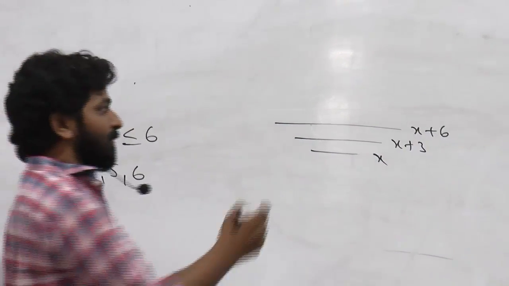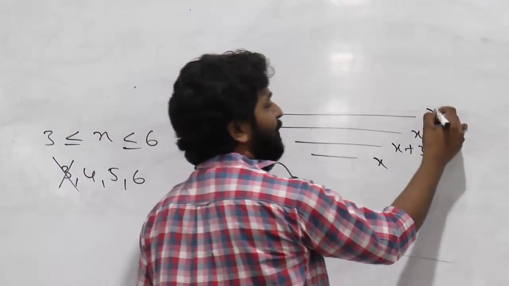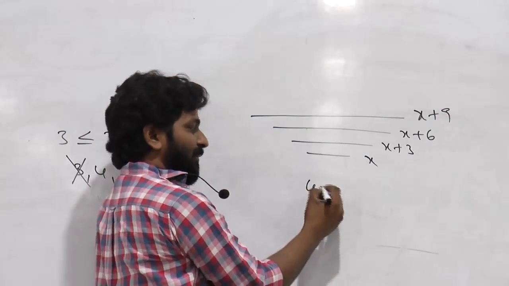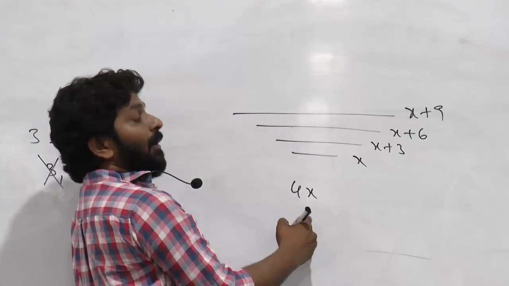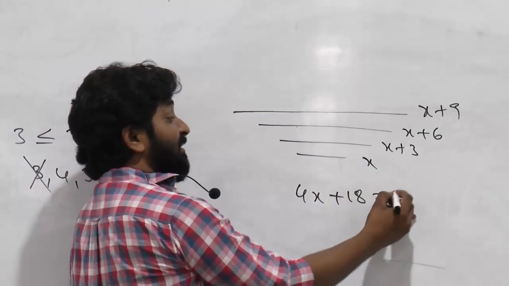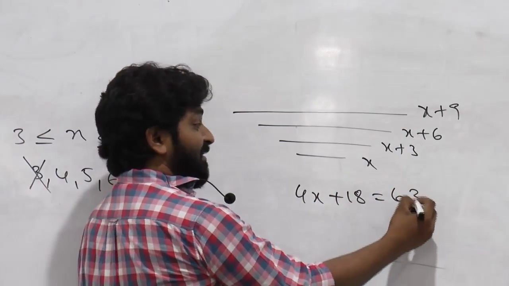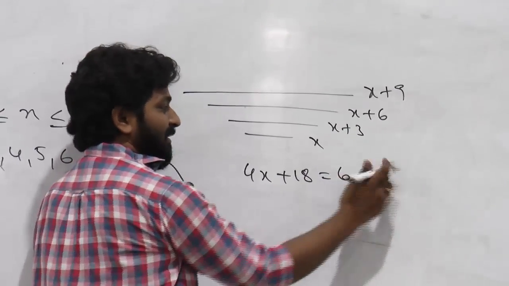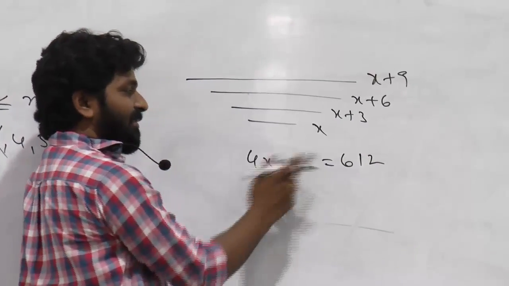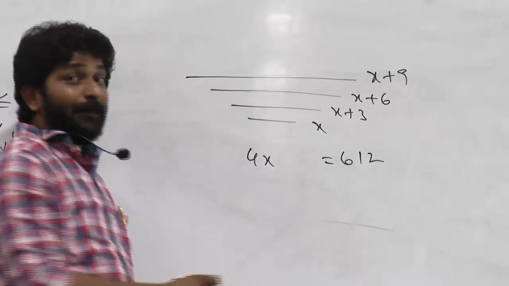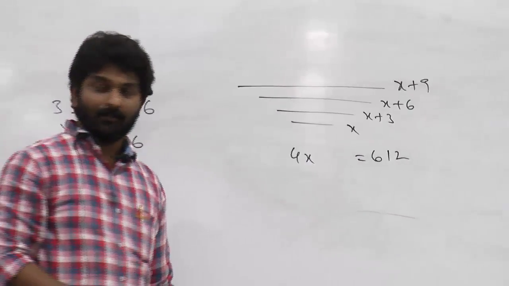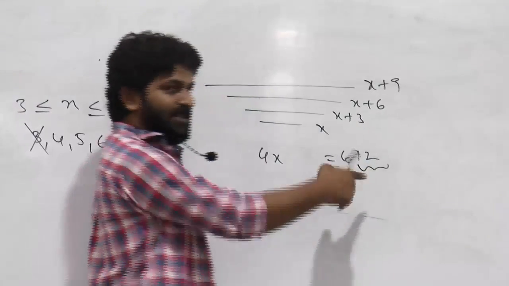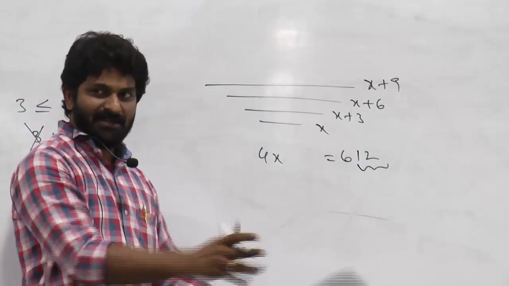If you have 4 rows, in the 4th row you should have x plus 9 members. So the total number of students, 4x plus 18, is equal to 630. Plus 18 goes to the right hand side, that becomes 612. 4x is equal to 612. Will you get a perfect integer for x? Yes, this is a multiple of 4. The last 2 digits are divisible by 4, so the number is divisible by 4.